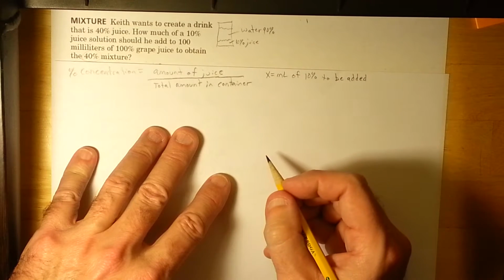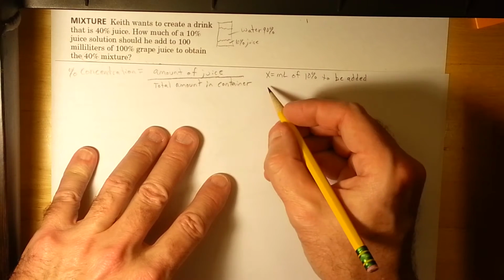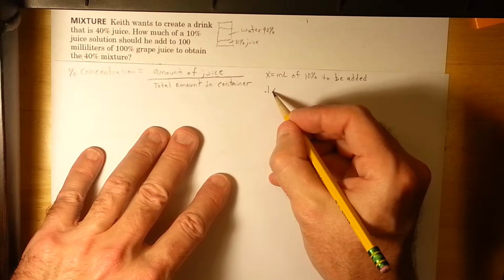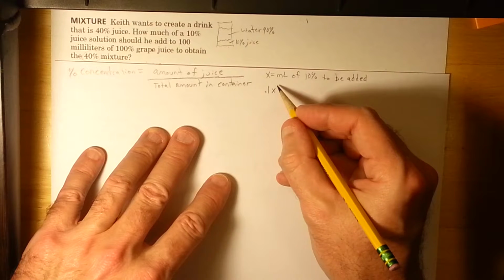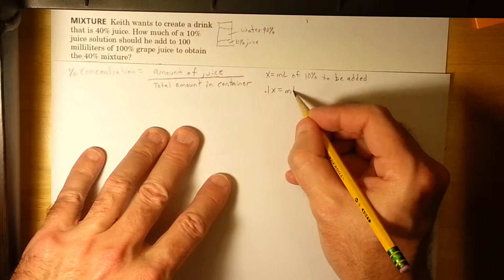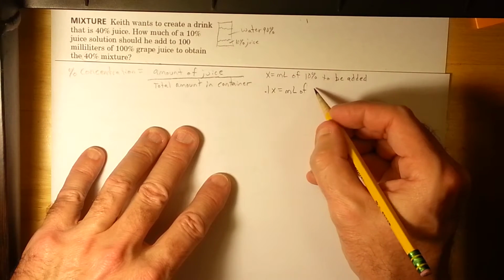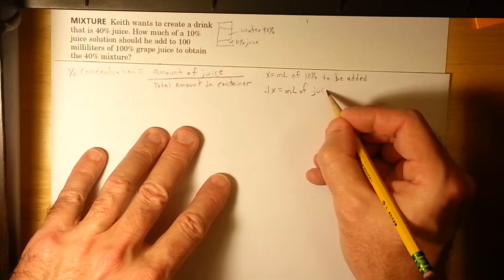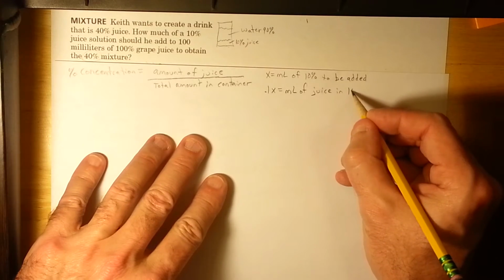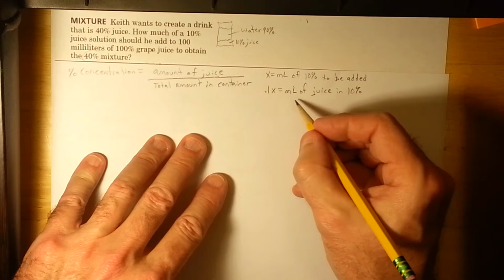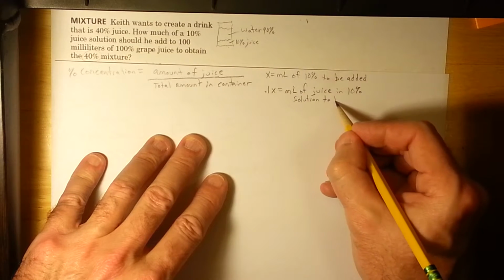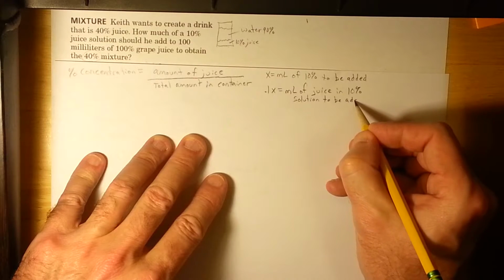Okay? Now, we're going to say that 0.1 times X, so what do we just say? 10% of X equals the milliliters of juice in the 10% solution to be added.